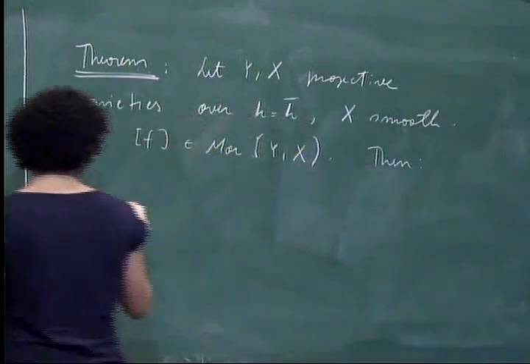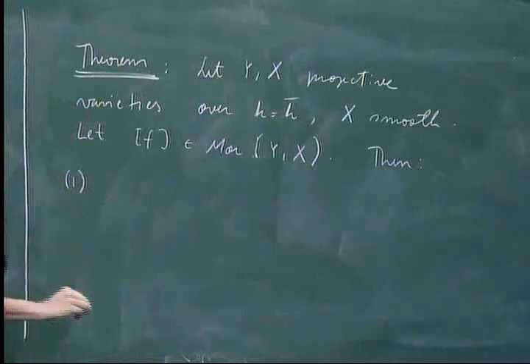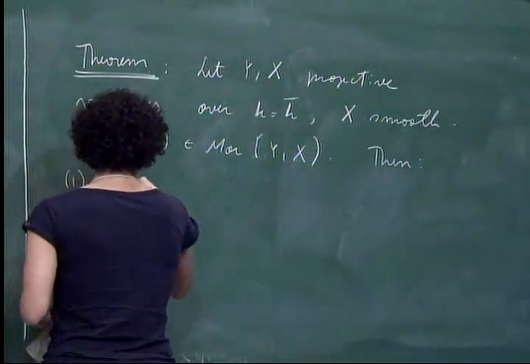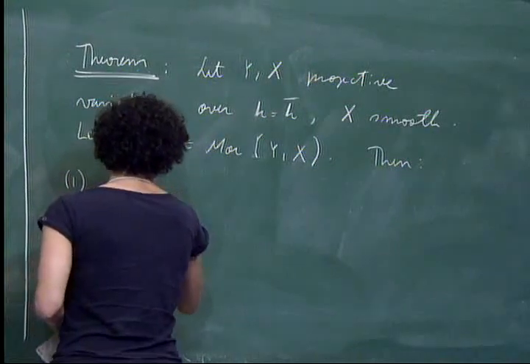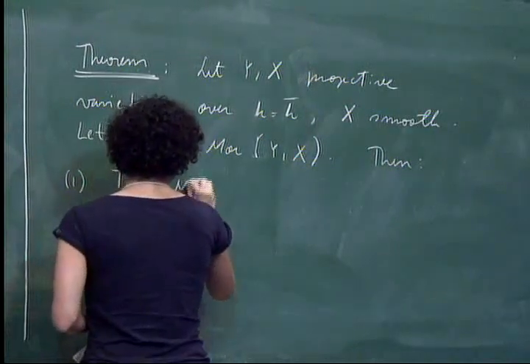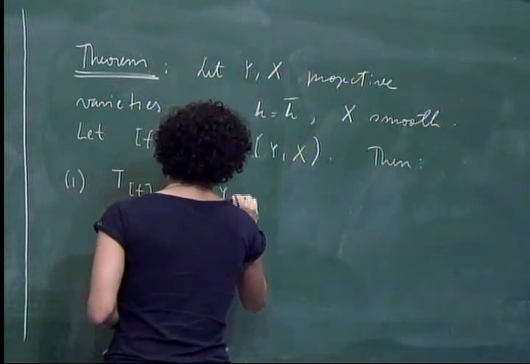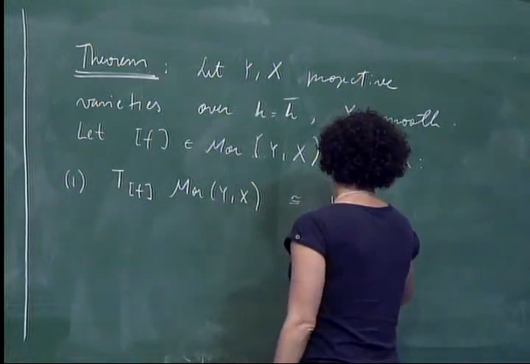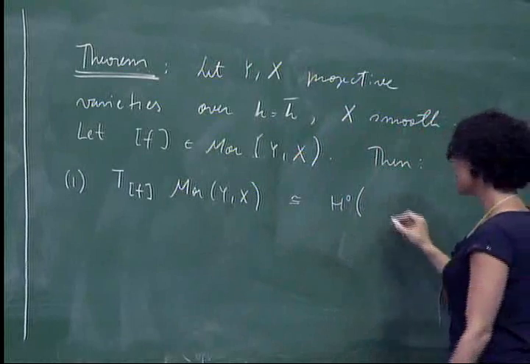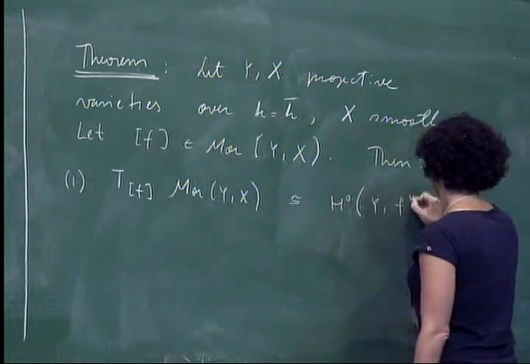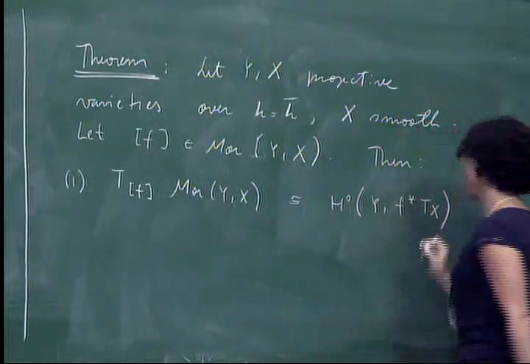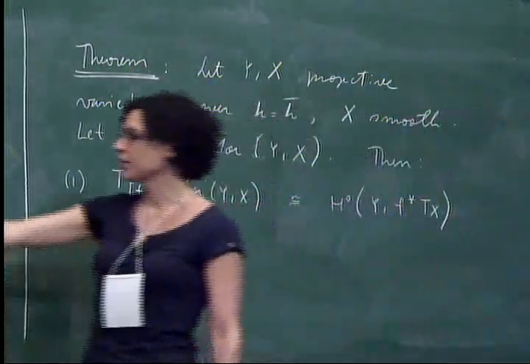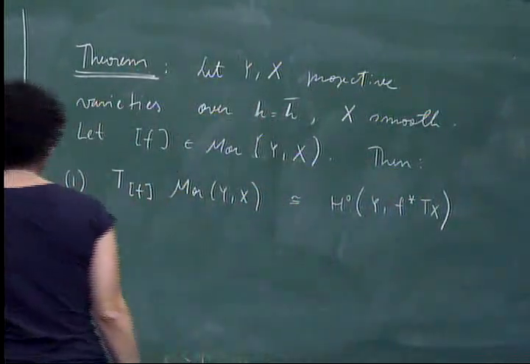Then the following holds. So 1, the tangent space at F of the space of morphisms from Y to X is isomorphic to the space of global sections of the pullback of the tangent bundle of X, as our intuitive picture suggests.